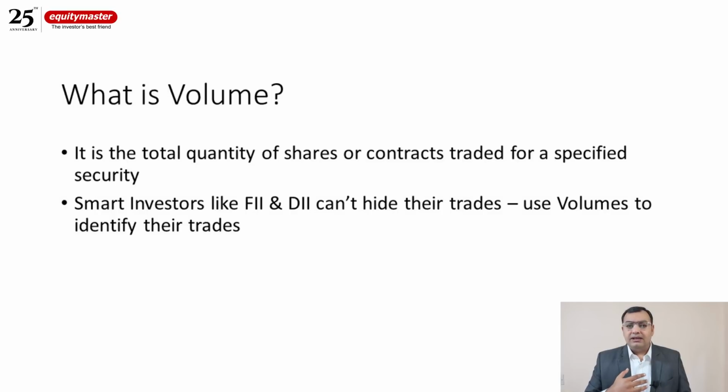Be it equities, be it commodities, if you are trading equities, Nifty, futures, Reliance, Infosys, anything, be it commodities like crude oil, gold, silver, even Bitcoin, volumes play a key important role. Smart investors like FII, DII can't hide their trades, and that can be identified by these volume bars.